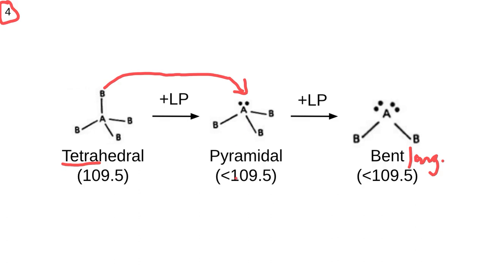So that's pyramidal, right? So now, instead of being 109.5, it's less than 109.5 because this lone pair is going to have more repulsion than this single bond over here, okay?